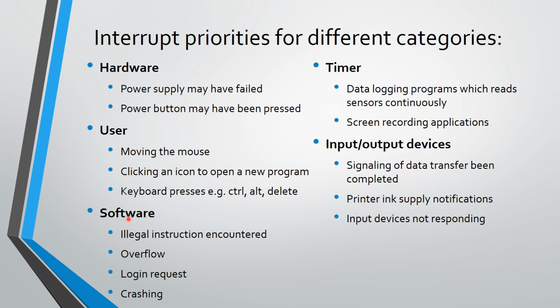For software, it can be an illegal instruction encountered, overflow, a login request, or a crashing file or software. For a timer, it can be a data logging program which reads sensors continuously, or a screen recording application. And for input output devices, it can be a signal that data transfer has been completed, a printer ink supply notification, or input devices not responding.